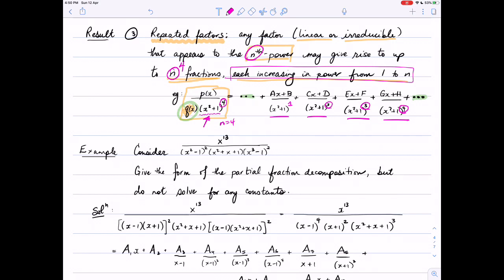Because x squared plus 1 is an irreducible quadratic, each one of those has a linear numerator.